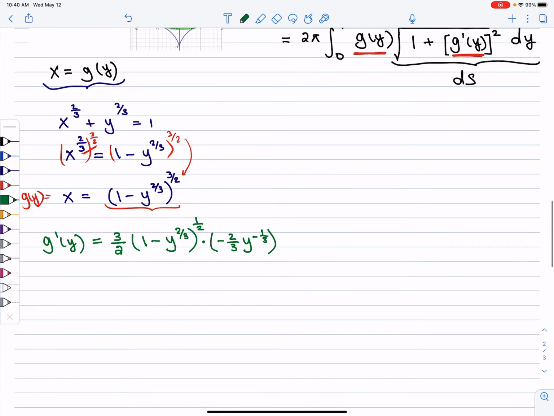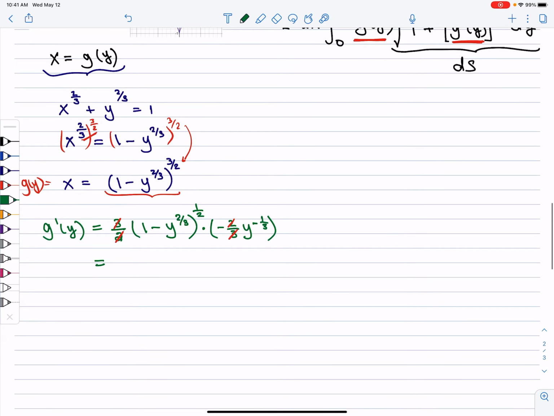Let me simplify that a little bit. The 2 and the 2 will simplify, and the 3 and the 3 will simplify. And we can say that g prime is equal to, I'm going to write it in the form of the square root of 1 minus y to the 2/3, over y to the 1/3. And don't forget we have a negative there.